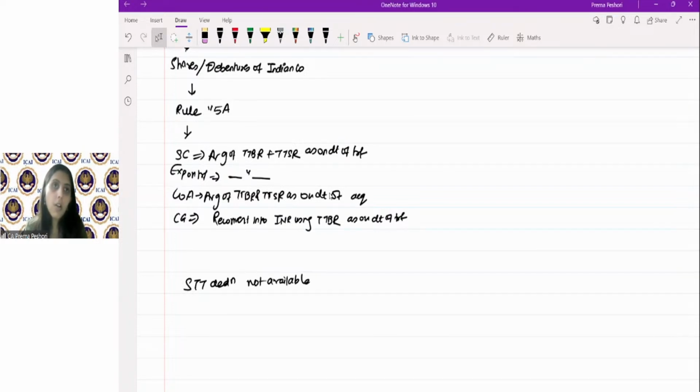You can write it down here: STT deduction available under PGBP. Remember, in section 36 you have the deduction of STT available. Clear?